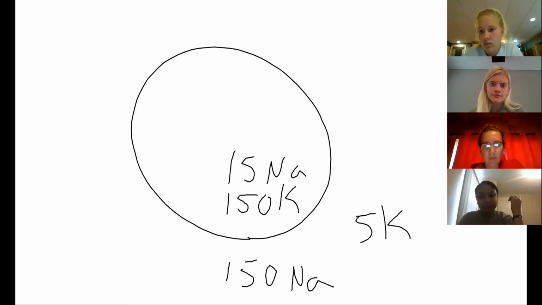So what's depolarization? It increases the charge. Which molecule is going to move?